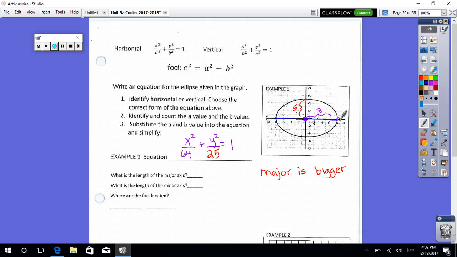So basically you can take what you got for this and double it. 8 times 2 is a full length of 16. Or you can count: you have 8 plus another 8 is 16. The minor axis in this case is the opposite direction. So our minor axis is 5 plus another 5, which is 10.